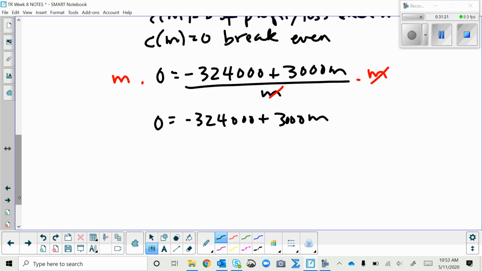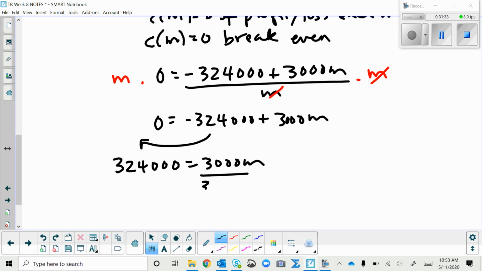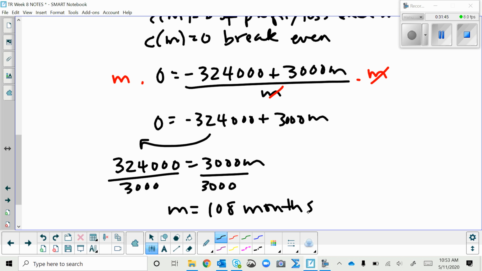We add, right, we add 324,000 on both sides. Now we divide by 3,000. So m equals 108.